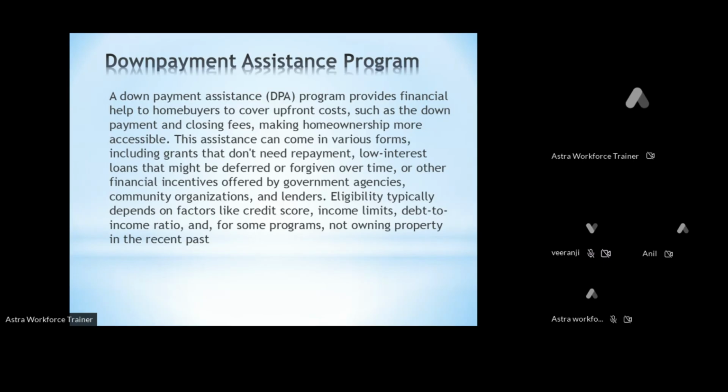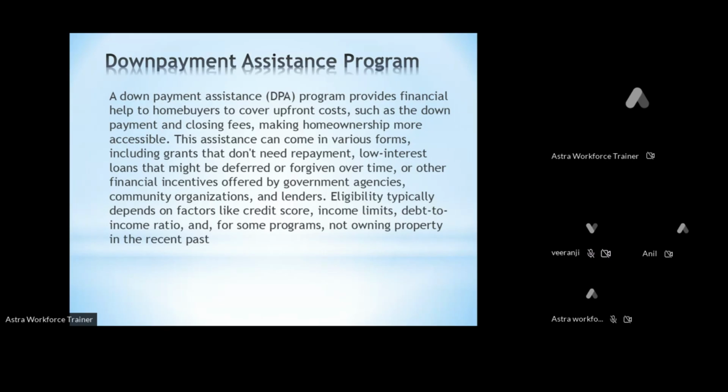It's not like 30 years or 20 years. It's like a 1 year period, or not even 1 year, 5 months or 6 months, you can say. For that also the lender needs to check the eligibility, depending on the credit scores, income limits, or DTI.